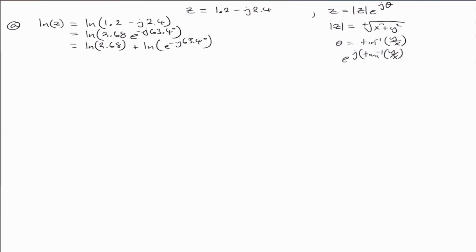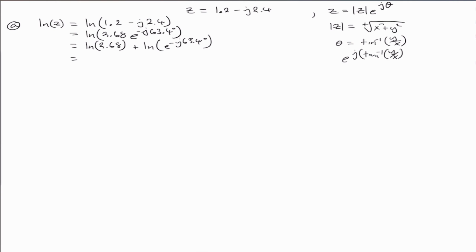We can go ahead and simplify that, and that would equal 0.99 minus j 1.11. But before you even get to that, notice that 63.4 degrees is equal to 1.11 radians.